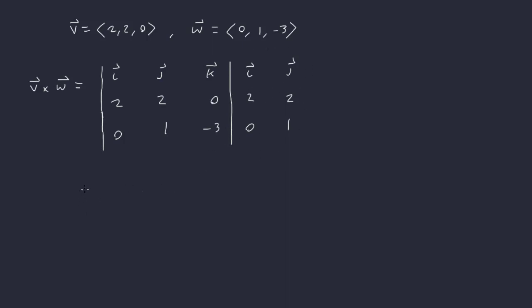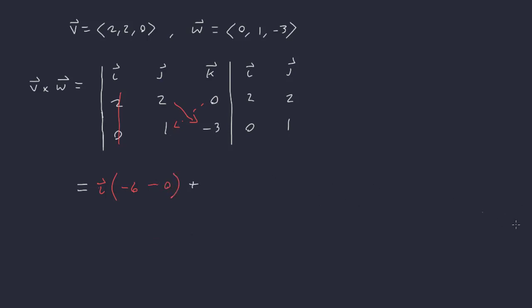We'll start with I. So again, we ignore its column, and then we do the main diagonal and the opposite diagonal of what's sitting here. So it'll be 2 times negative 3, so we'll get negative 6, minus 0 times 1, which is 0.